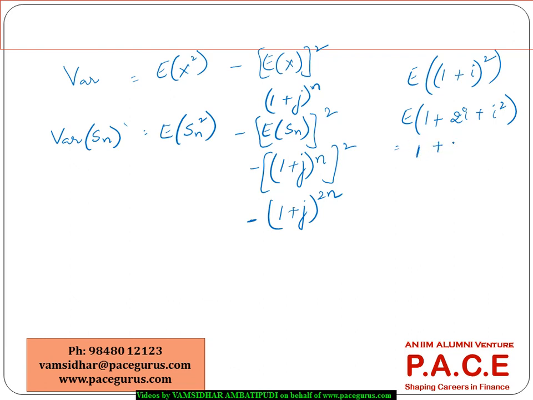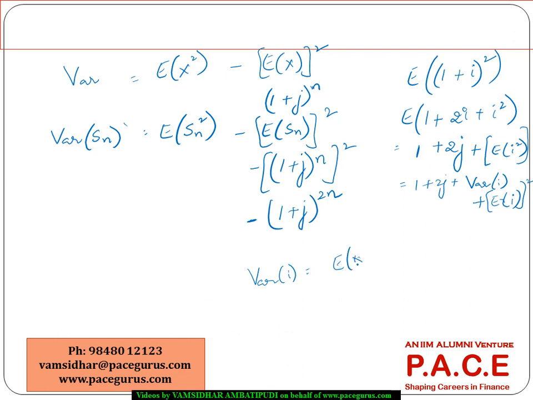Expected value of 2I is 2 into expected value of I, which is j. Expected value of I squared, I could have written as variance of I plus expected value of I whole squared, because variance of I is nothing but expected value of I squared minus expected value of I whole squared.